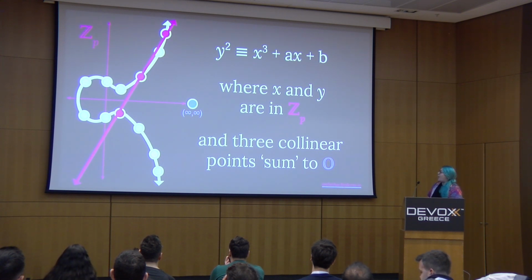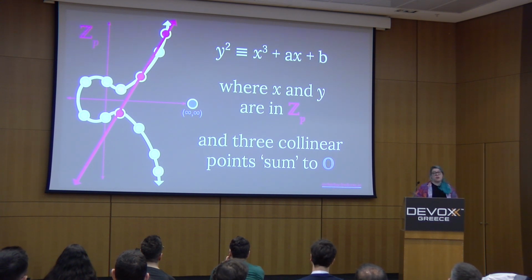And we say, okay, if I add this and this and this, they'll sum to infinity if they're on a straight line. We define that to be the way that we combine elements. That's the rule that gives us how we can combine elements. And it turns out that this operation follows all of the group laws, which suddenly means we can start applying group theory to this collection of blobs.